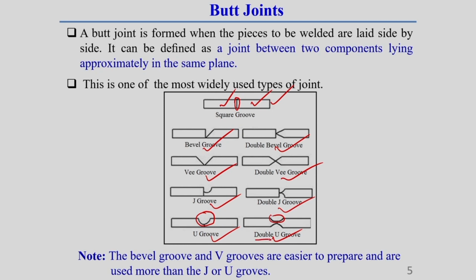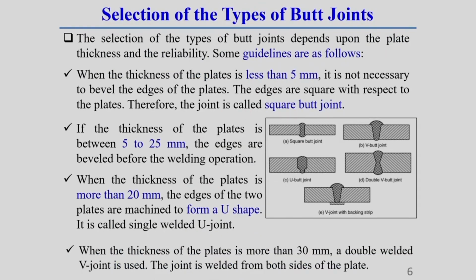One thing you should keep in mind, the butt joint is one of the most widely applicable joints. Also, bevel groove and V groove are easier to prepare, but J groove and U groove generally require costly machining operations, which are more time consuming also. That is why bevel groove and V groove edge preparations are widely used.